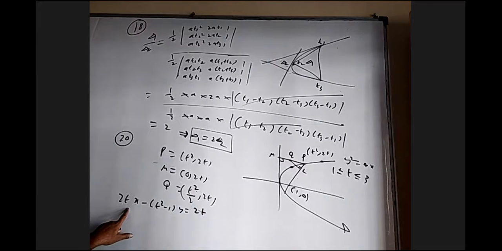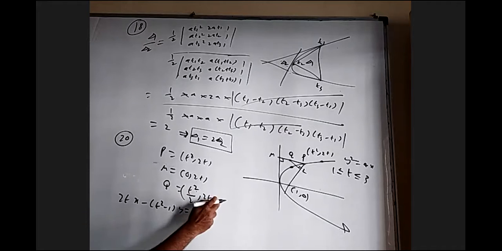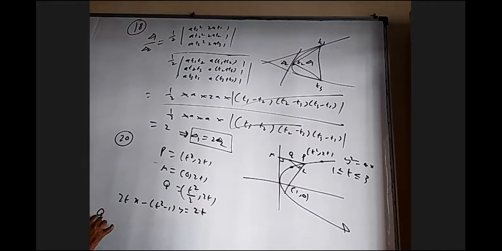Minus 2t cube plus 2t, cancel 1 comma 0. Yes. Now from this point to this I find the perpendicular distance. So QL is mod, when I substitute t square by 2 it is t cube, when I substitute t it is minus 2t cube plus 2t, by root over 4t square plus t square minus 1 whole square.